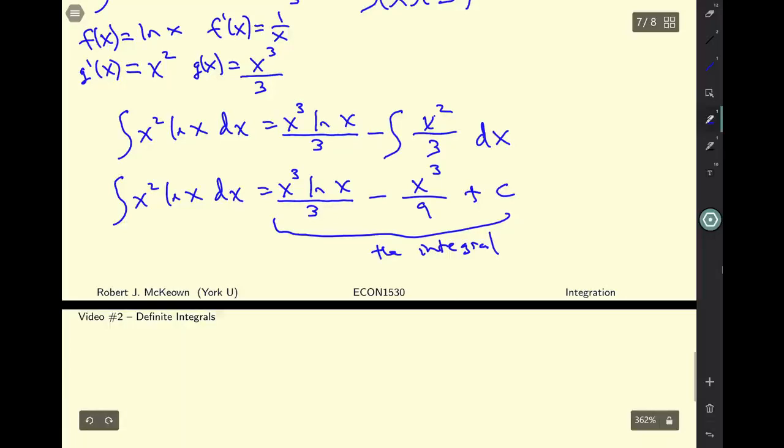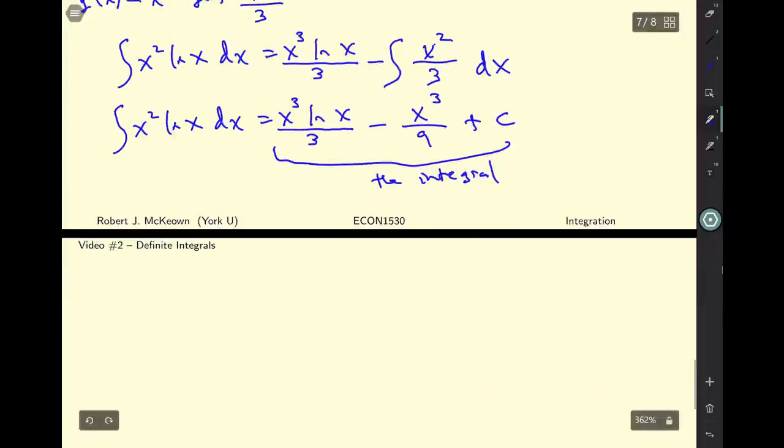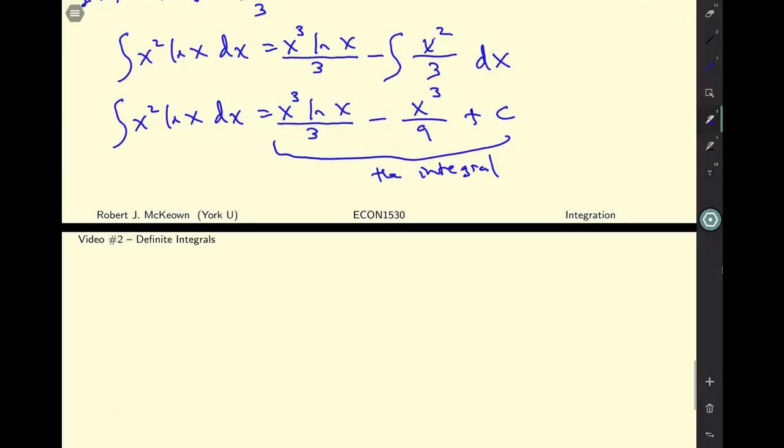But you know me, you know your instructor, Professor Robert. He likes to prove that that is indeed the answer. So why don't we take the derivative of this thing with respect to x and see if we really do have the right answer.